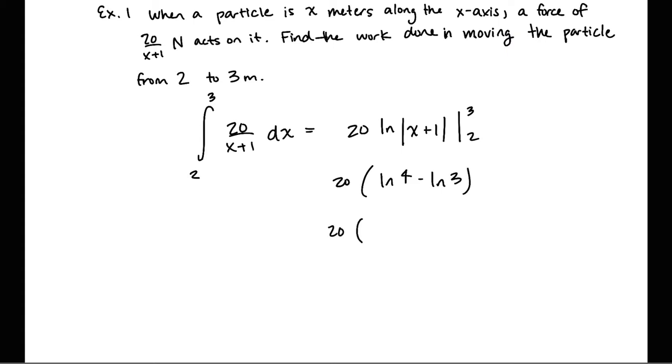Sometimes in textbooks they'll use log rules to condense this to a single logarithm. So it would be 20 ln of 4 over 3, and the unit being joules.